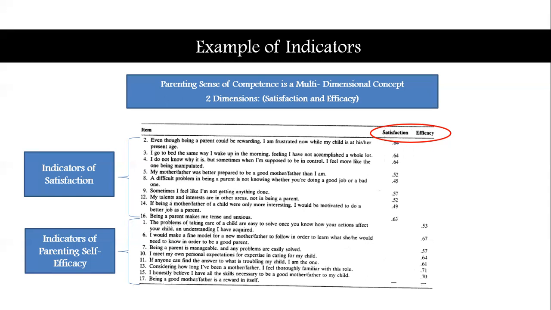And as you can see again here, in the top portion of our scale we have the indicators of parenting satisfaction. And in the bottom portion, we have our indicators of parenting self-efficacy. We're really only focusing here on parenting self-efficacy primarily, but I want you to see what we mean when we say multidimensional, okay?